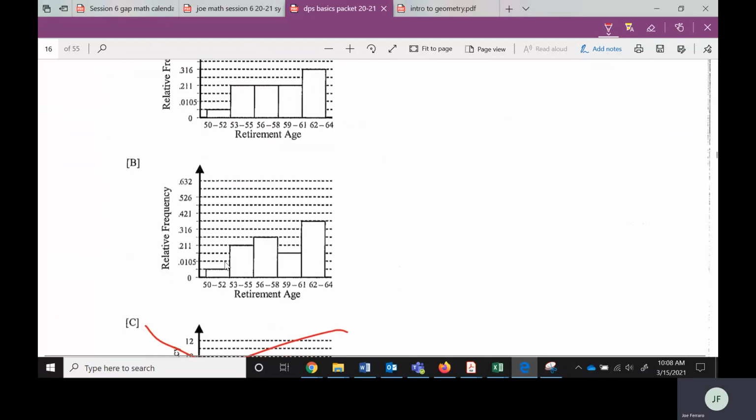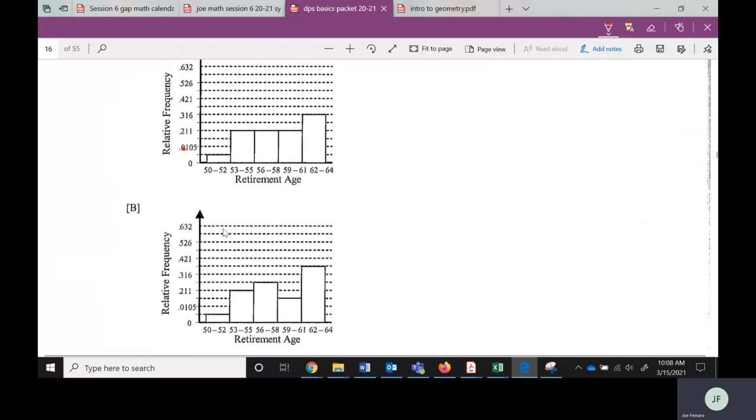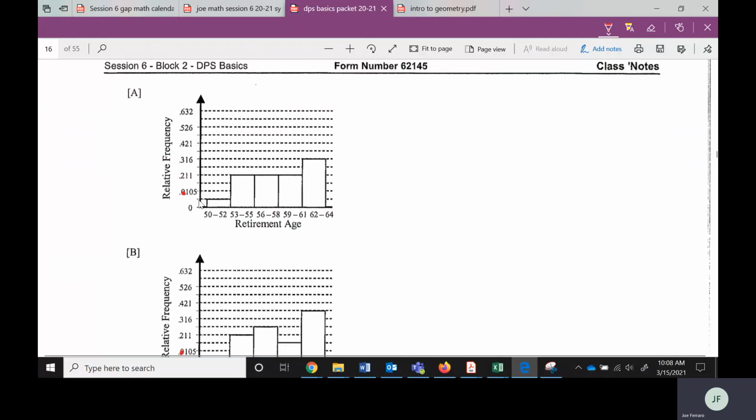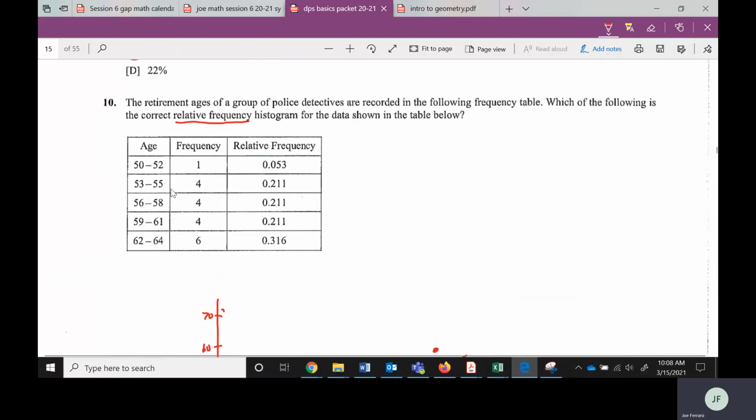Oh, there's a misprint here. Okay, that's why I was thinking there's going to be no solution. Now this, you would have an argument here if this should read 0.105. Because otherwise the scale doesn't match because they're going up about 0.1s here. That should be 0.105, same thing here. So they made a little mistake. So let's assume that's 0.105. Then this would make sense that that's about 0.053, same here. Okay, so both of those work for the 50, 52.